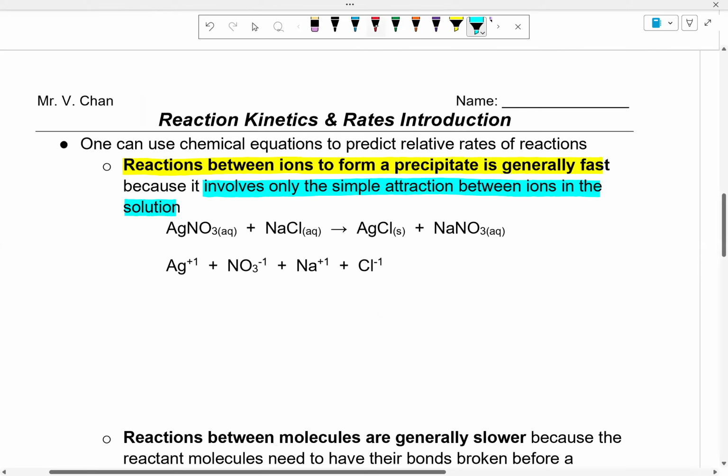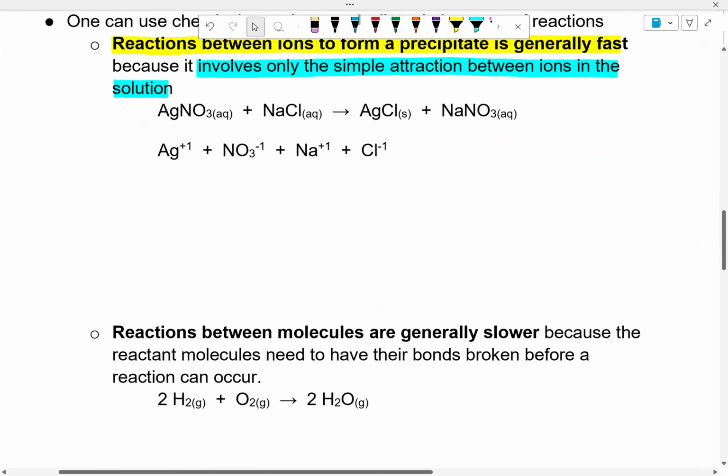So if we take a look at a double replacement reaction, you have silver nitrate plus sodium chloride gives you silver chloride and sodium nitrate. This was a chemistry 11 double replacement reaction. If we take a look at the ions, the nitrate and the sodium would form one product. The silver and chlorine would form the other product. In this particular case, this is generally fast.